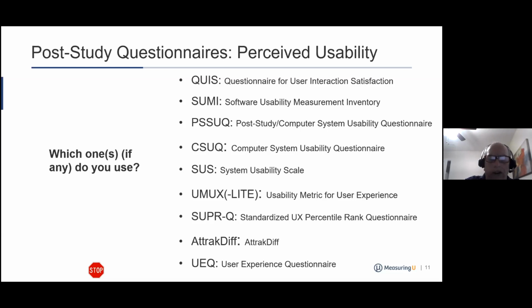Jeff Sauro does the same thing with the SUPR-Q. And the important distinction between those two and everything else on this page is that they're the ones that are not free. I mean, you can use their items freely, but to get reports that take advantage of the curated normative databases, you have to have a license.